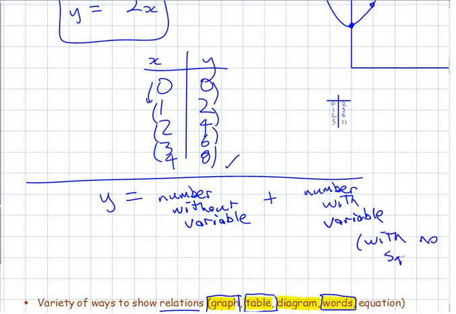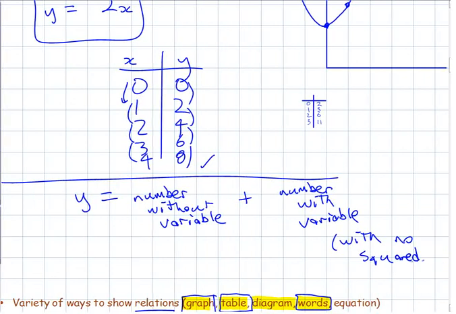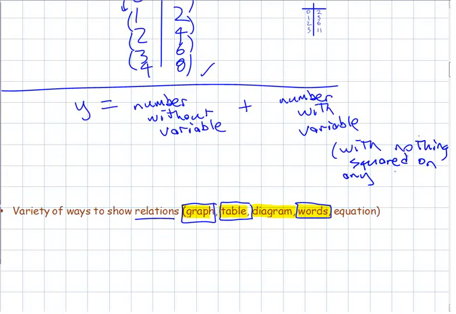Does that make sense? Nothing squared or any other weird stuff. Your notes would probably be better if we put it in just how you would say it instead of how the textbook would say it.